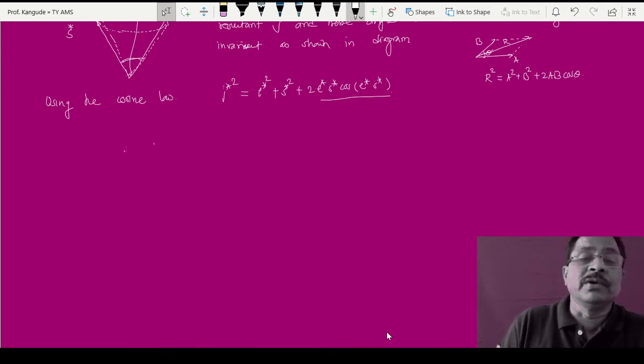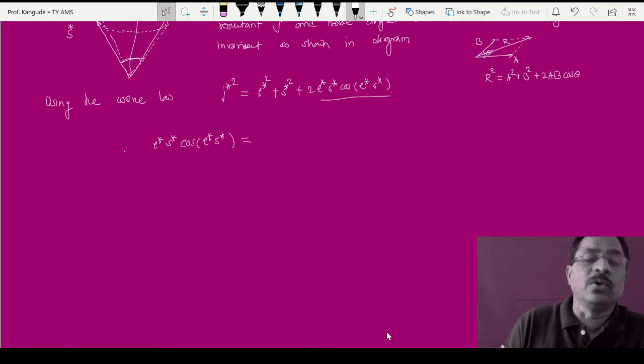Therefore, L star into S star multiplied by the cosine of the angle between L star and S star is equal to J star square minus L star square minus S star square, all divided by 2.